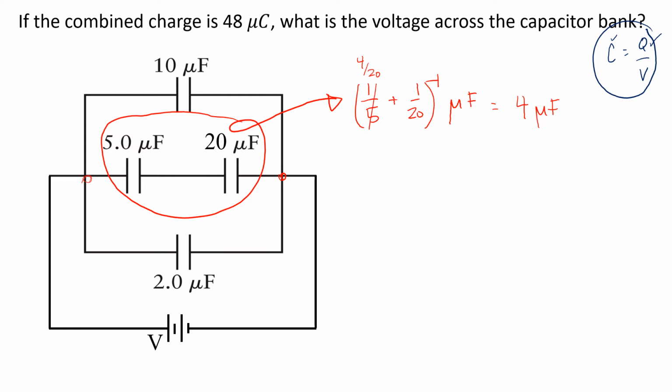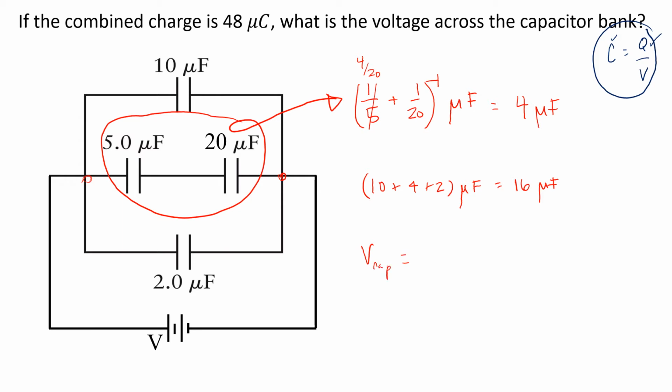Now the remaining pieces of this capacitor bank are all in parallel with one another, so I can just add those. I've got 10 plus 4 plus 2 microfarads, and that gives me a total of 16 microfarads.